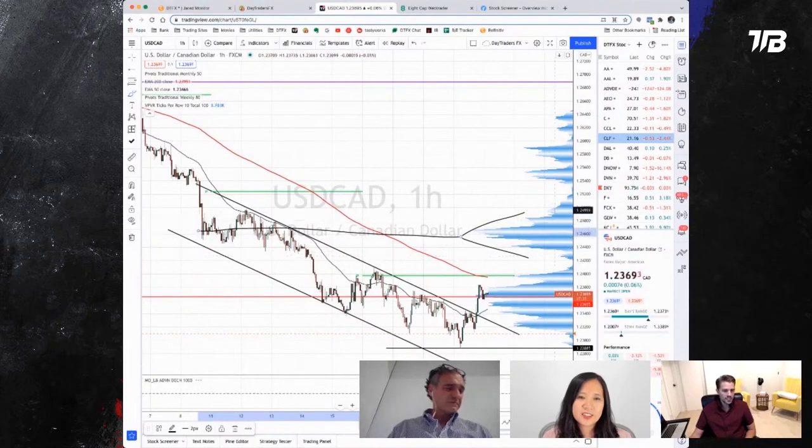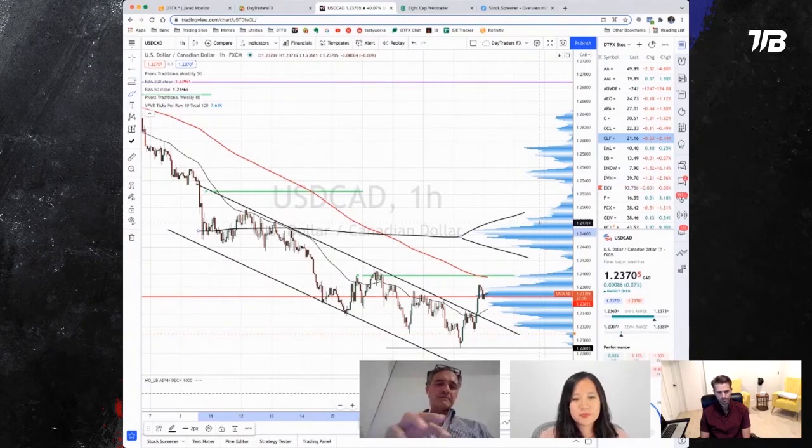Oftentimes when we have those heavy volume areas, it can slow down those movements, and it can create a little bit of resistance, a little bit of consolidation. That's why I'd be looking at that 124 to 124.50 area, to get into that heavy volume and see if that slows down the upward movement and causes some consolidation.